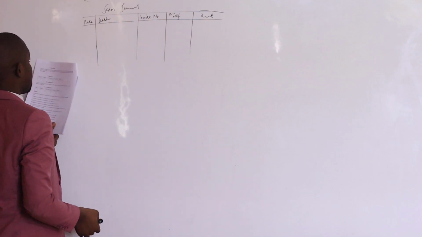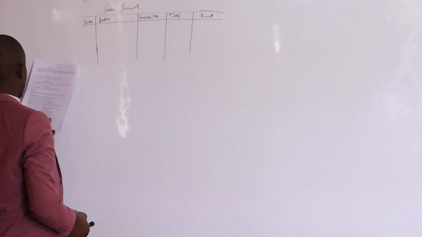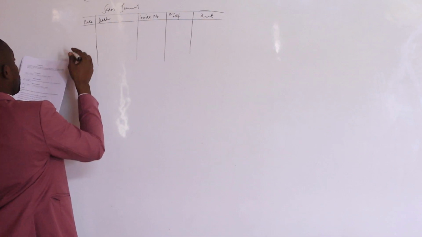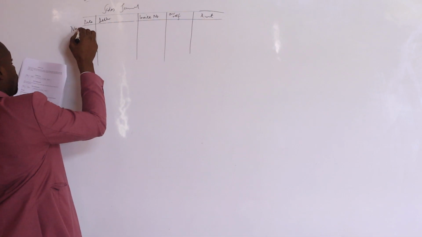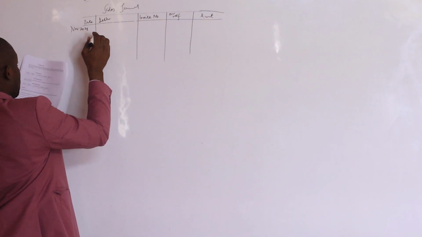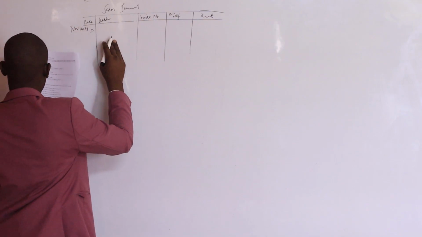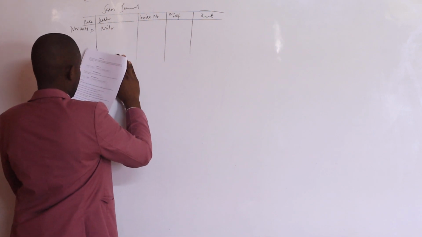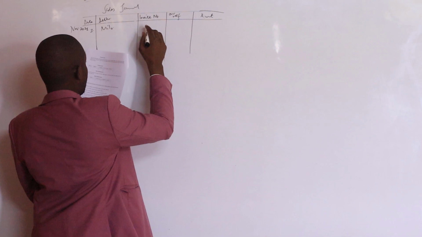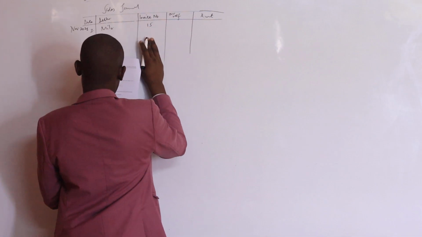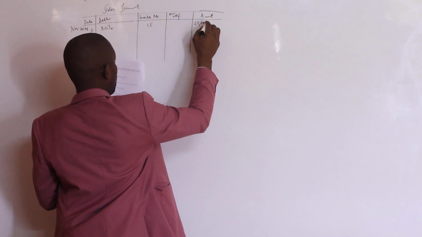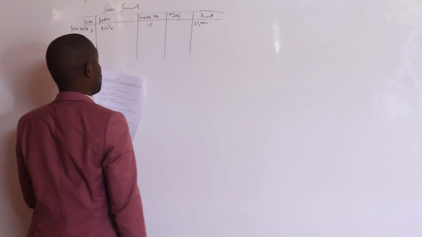First sale took place on the 3rd in the month of November 2025. Sold goods to Milo. Milo is the first one. Invoice number is 15. Then the worth is 23. Remember, we are only capturing credit transactions.